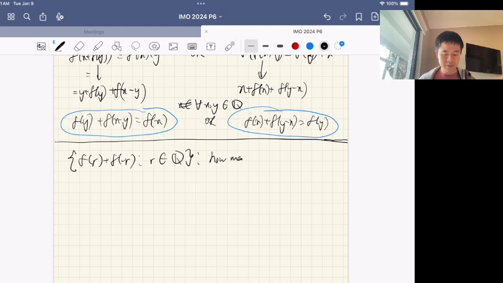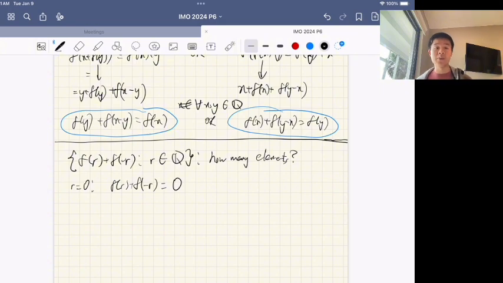How many elements? Well, setting r equal to 0 means that f(r) plus f(minus r) equals 0. So 0 must be in it, and then we are interested in seeing whether this thing can contain some other elements, and if so, how many different non-zero elements it can have.